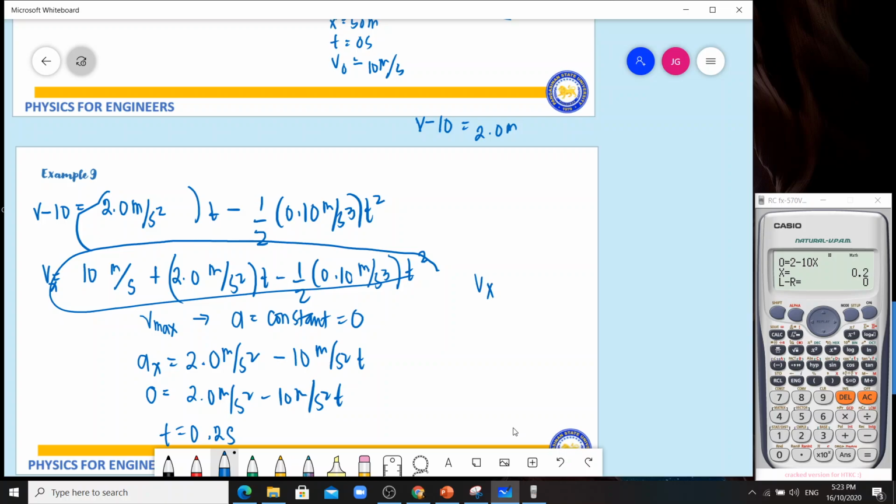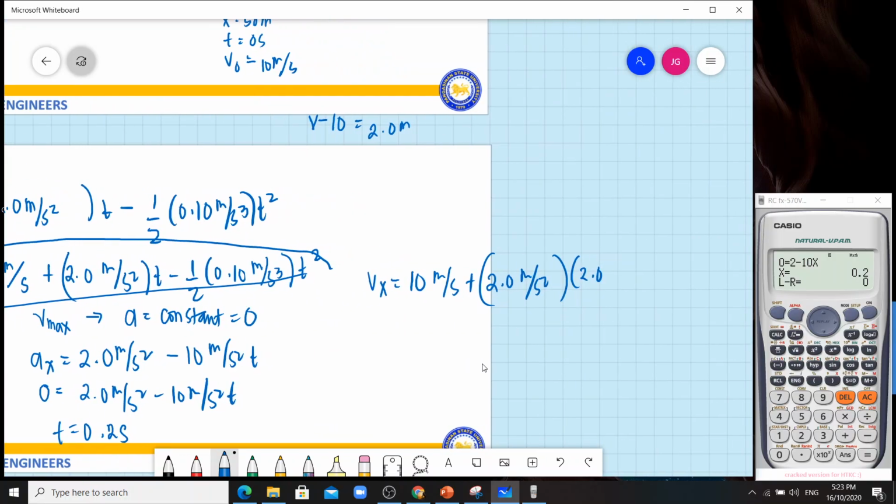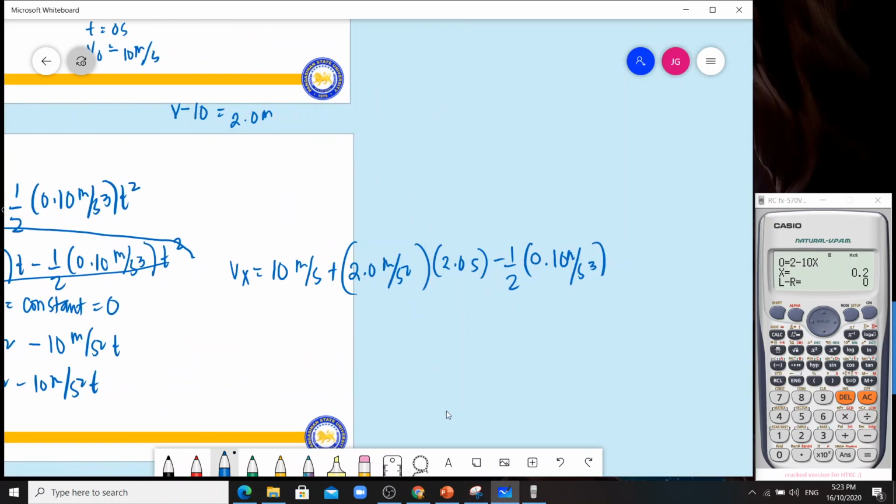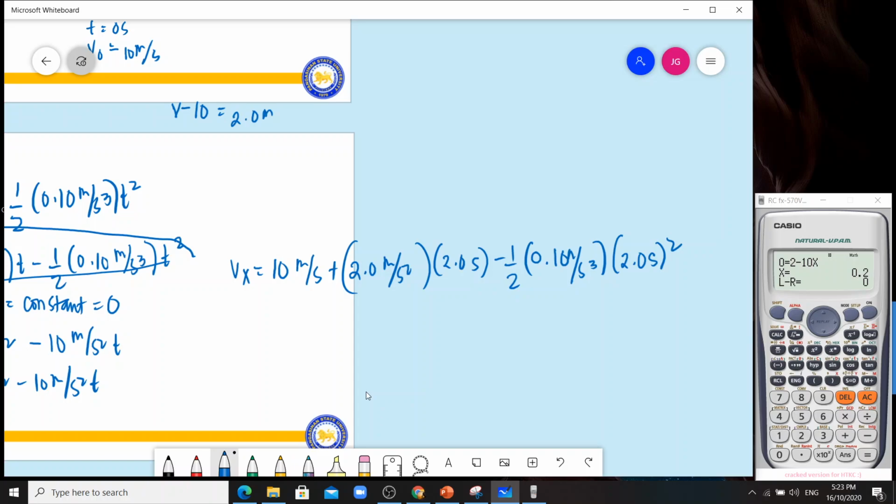So, Vx is equals to 10 meters per second plus 2.0 meters per second squared, 2.0 seconds, okay, minus 1/2 0.10 meter per second cube times 2.0 seconds squared. Ay, 0.2 pala. Sorry. 2 ba? 0.2.